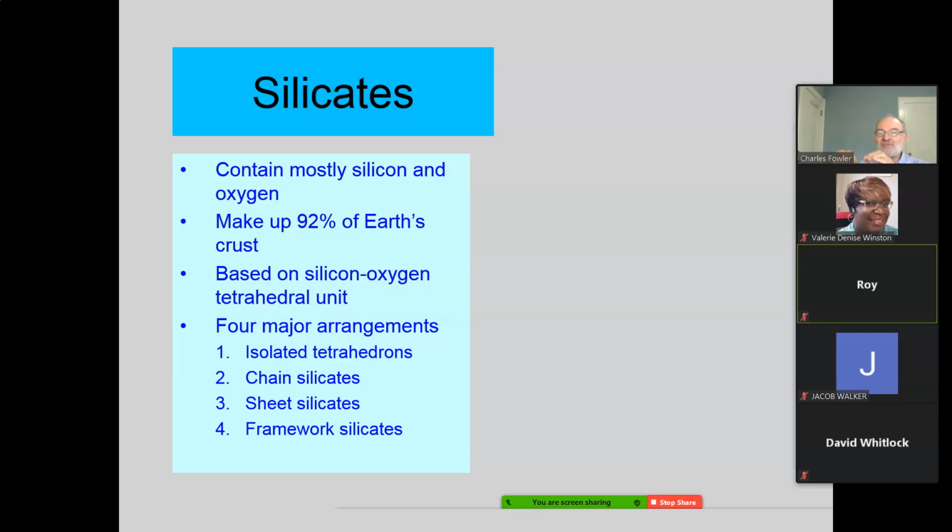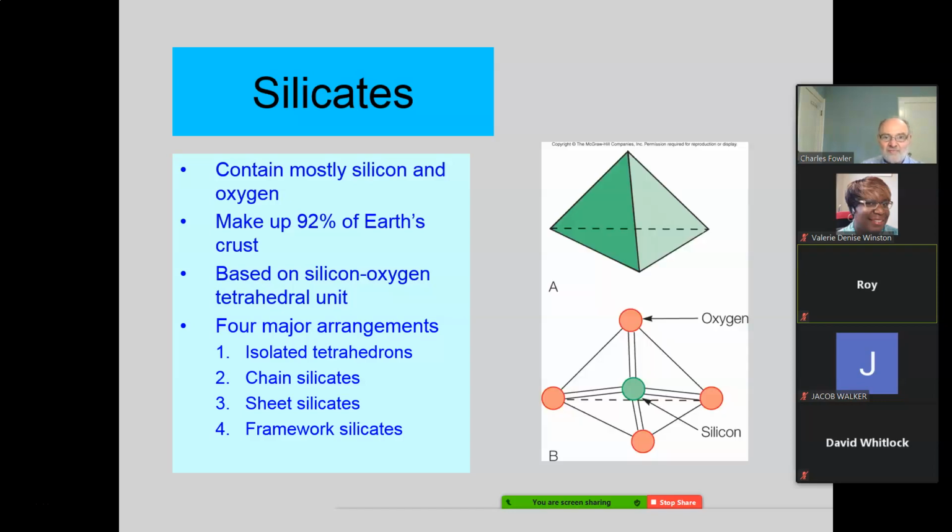But you also have chain silicates. So here's a silicate tetrahedron. It shares an oxygen with the next one, with the next one, with the next one. Here's sort of the figure of that. Here's the tetrahedral, like I said before. The silicon's in the center, right there, and the oxygens are on the vertices. Okay, and this is supposedly a 3-dimensional figure trying to draw on 2 dimensions. It's hard to see this exactly.